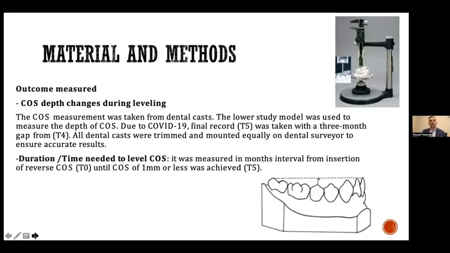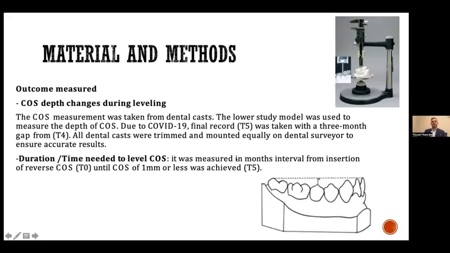And due to COVID-19, unfortunately, the final record T5 was taken with a 3-month gap from T4. All dental casts were trimmed and mounted equally on the dental surveyor to ensure an accurate result. As you can see in the picture, the digital caliper was mounted on the surveyor to measure the specific and exact amount of the depth of the curve of Spee itself.